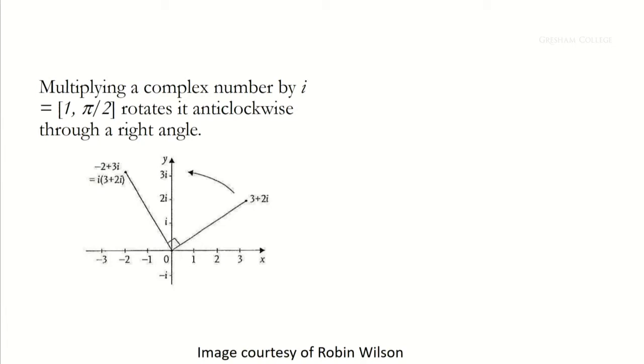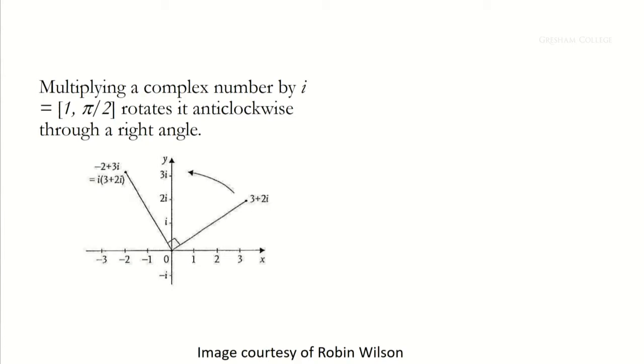So when we multiply 3 plus 2i by the complex number i, its distance away from the origin stays the same, because it's the number 1 here, and the angle changes by adding on pi over 2, so it rotates by 90 degrees. So multiplying 3 plus 2i by i rotates it by 90 degrees anti-clockwise.